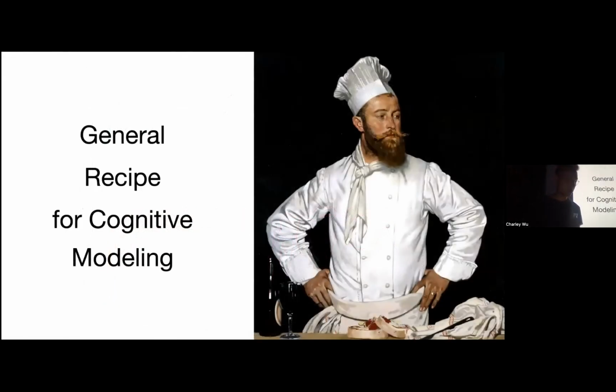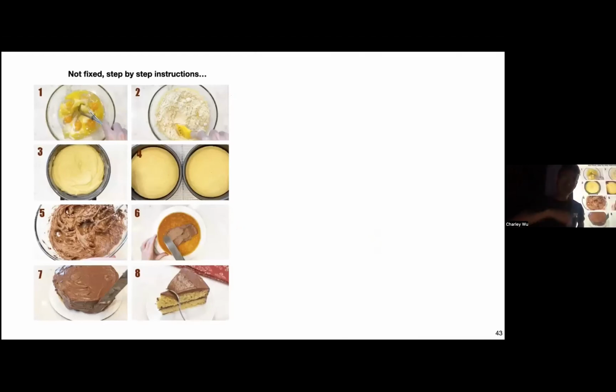All right, so I'm going to conclude this tutorial with a general recipe for cognitive modeling. And this is not a fixed step-by-step instruction that we want to give you, but rather a set of adaptive principles, because you want to be able to adapt to whatever situation you're actually in.